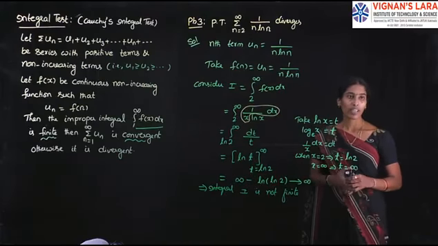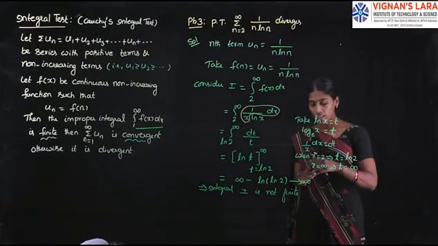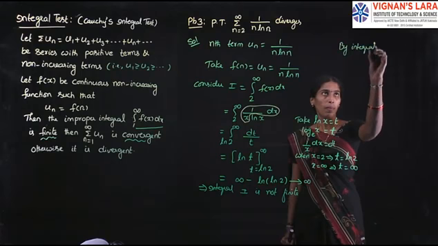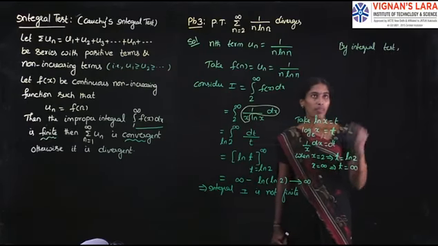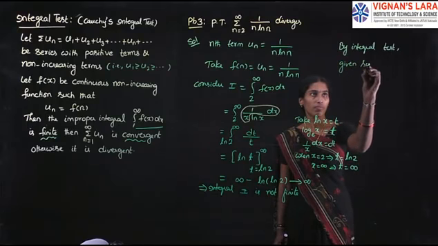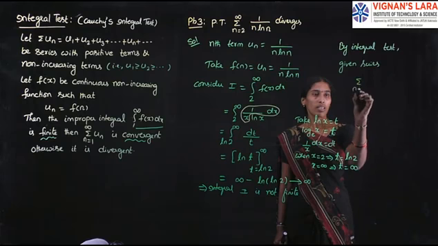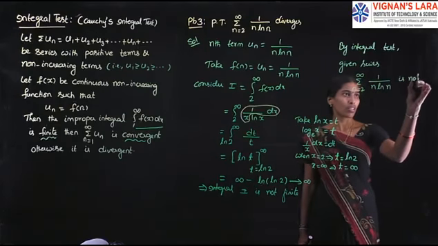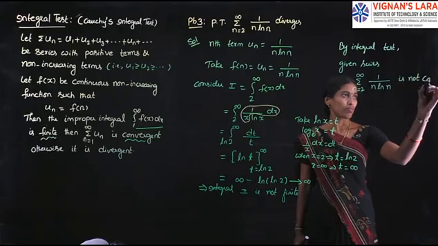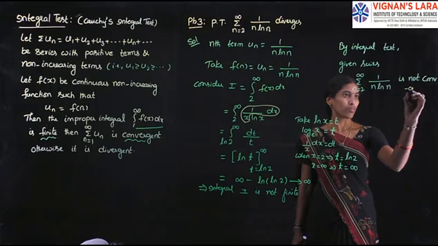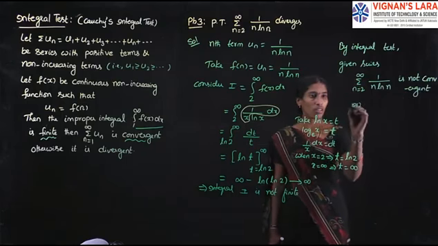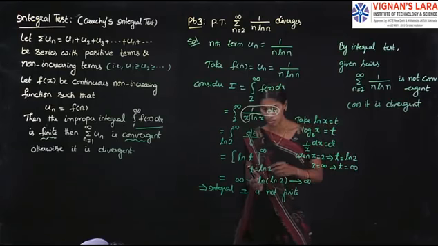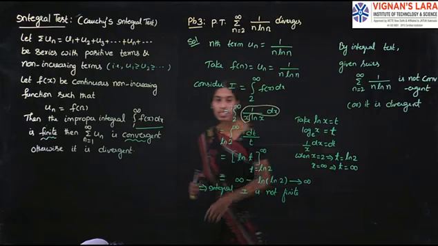But it is not finite, therefore by the integral test the given series, sigma n equal to 2 to infinity 1 by n into ln of n, is not convergent, or it is divergent. This is about the integral test.